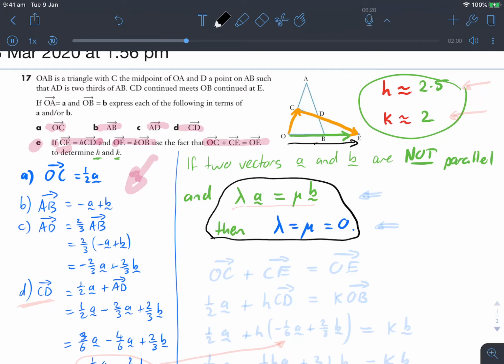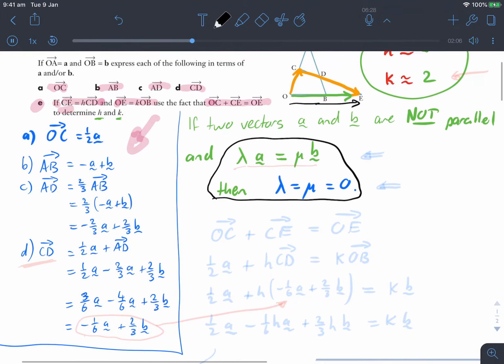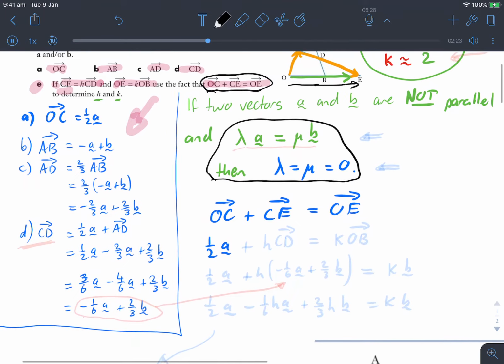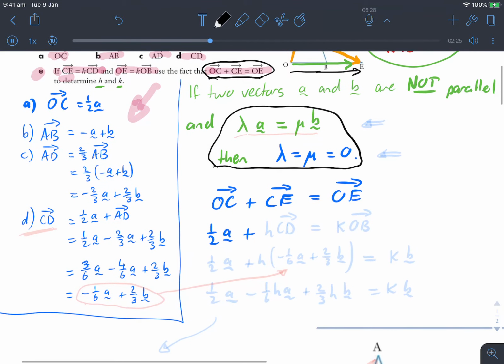Okay, so we'll start off by writing out this vector addition in the question. We'll follow their prompts: OC plus CE equals OE. Then we substitute in what we know. First of all, OC we've already found is equal to half A. CE is defined in the question as H times CD, so I'll put that in there.